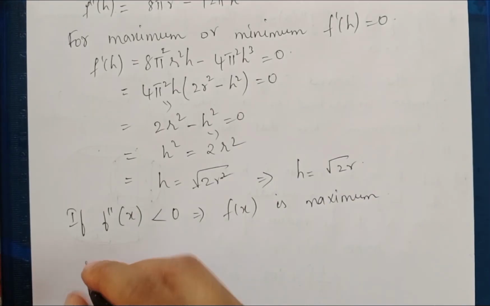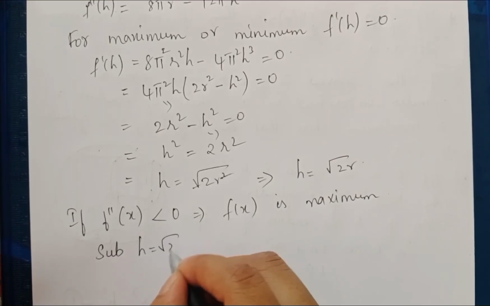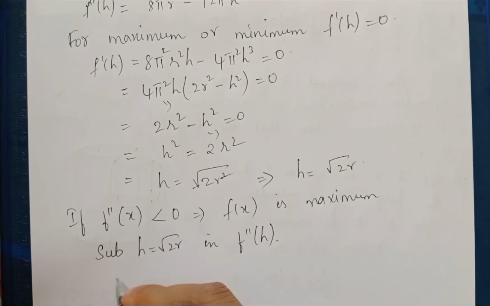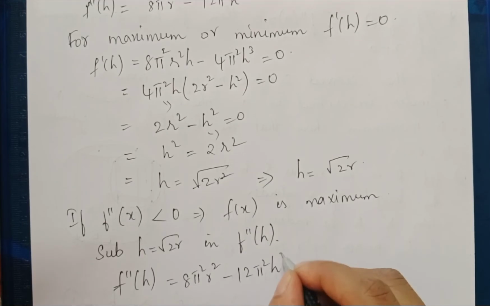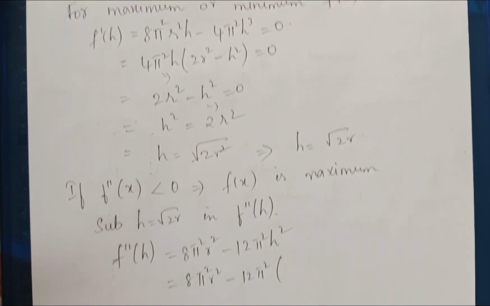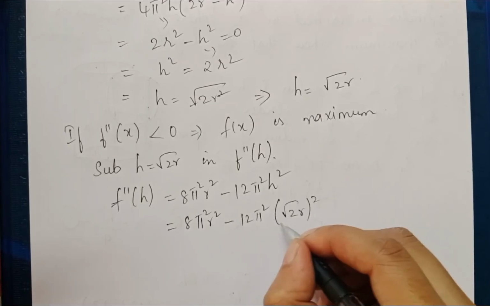So substitute h equal to root 2 r in f double dash of h. f double dash of h is equal to 8 pi square r square minus 12 pi square h square, which is 8 pi square r square minus 12 pi square, substituting the value of h, root 2 r square.